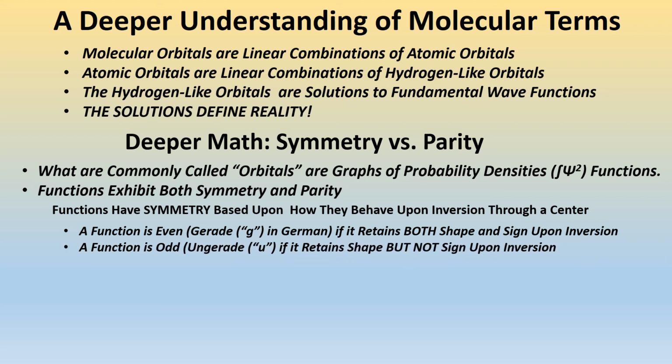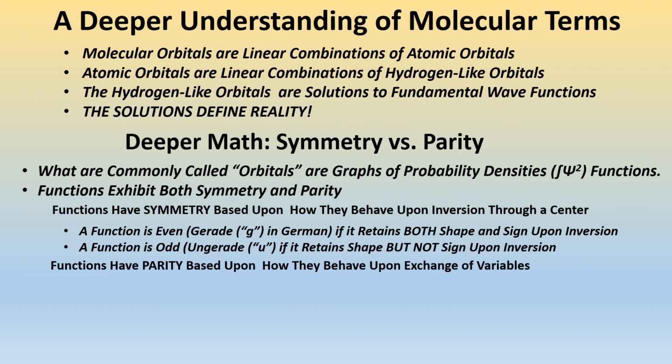On the other hand, functions have parity based upon how they behave upon exchange of variables. A function has positive parity if it is unaffected by the change. For example, the function x squared. 2 squared is 4. Minus 2 squared is also 4. So therefore, x squared has positive parity. On the other hand, a function has negative parity if it is affected by exchange.